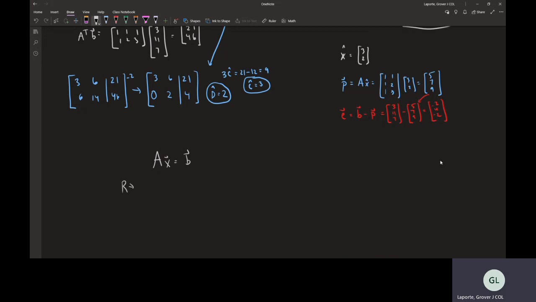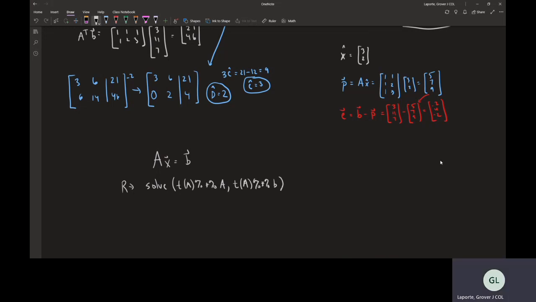In R, we used the solve command. Matter of fact, let me just use all R commands. So I used the transpose of A, matrix multiply times A, and then the transpose of A matrix multiply times B.